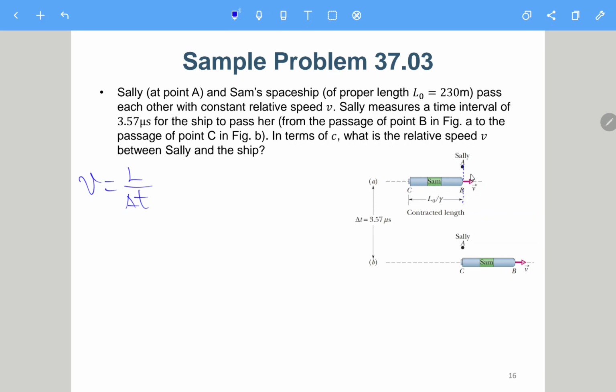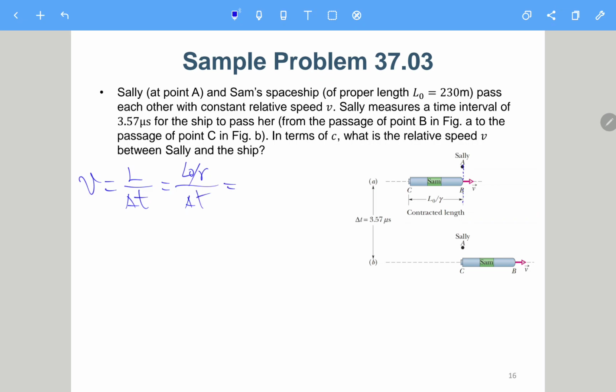So this L should be L0 over gamma, the contracted length. And delta t is the proper time, because the clock doesn't move. She only used a clock to measure this 3.57 milliseconds. So this is the proper time.